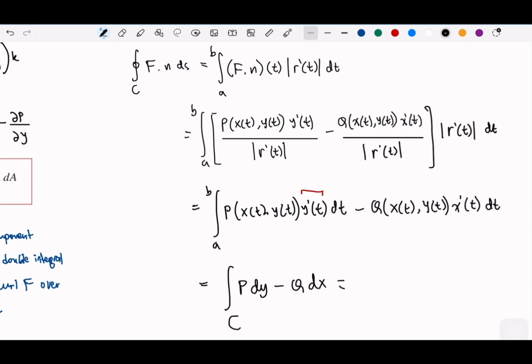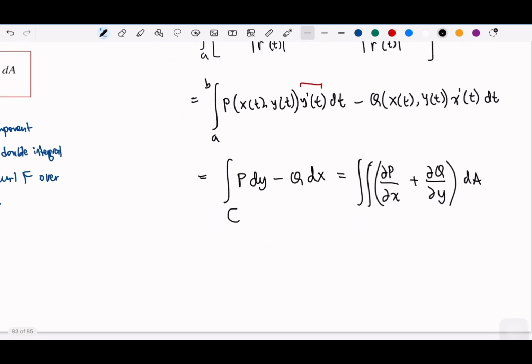This will equal, with the Green theorem using the double integral, plus, sorry, the partial P over partial x, because this is P dy minus Q dx, so this will be my plus, and then this is dA.